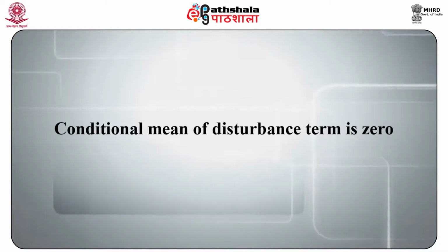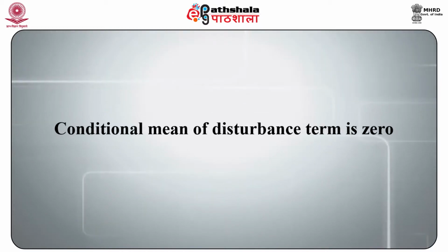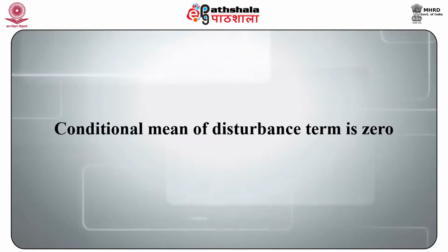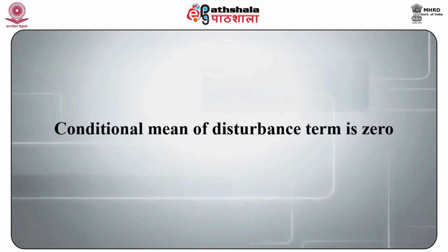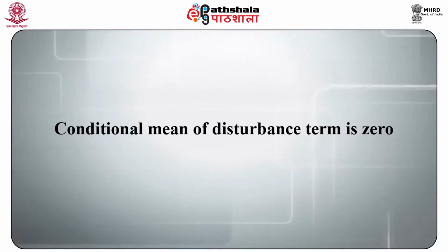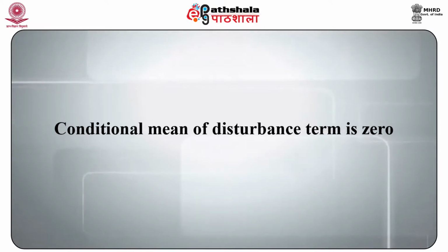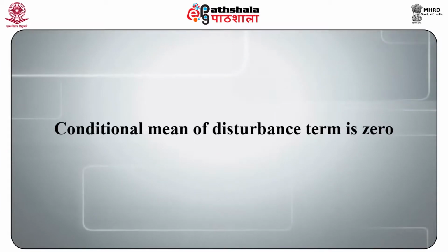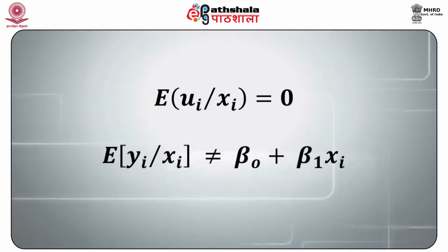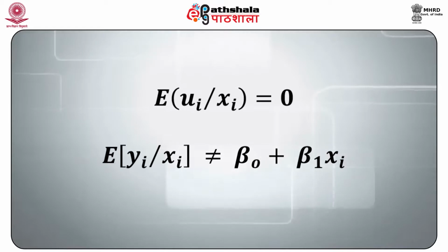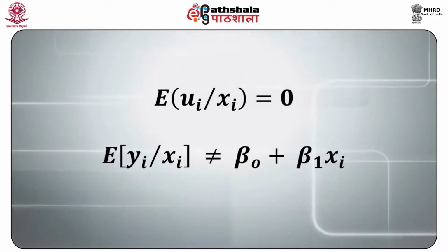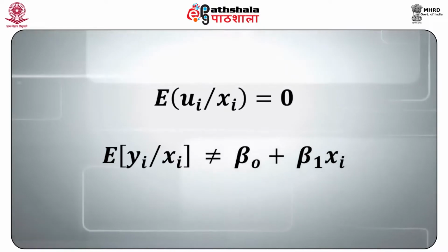Our third assumption is the assumption of conditional mean of disturbance term, and it should be equal to 0, which means given the value of explanatory variables, the conditional mean of disturbance term is 0, which can be written as expected value of mu i given xi is equal to 0.